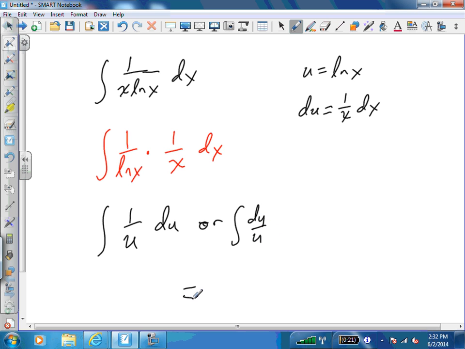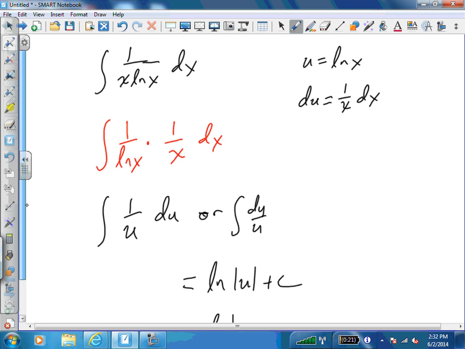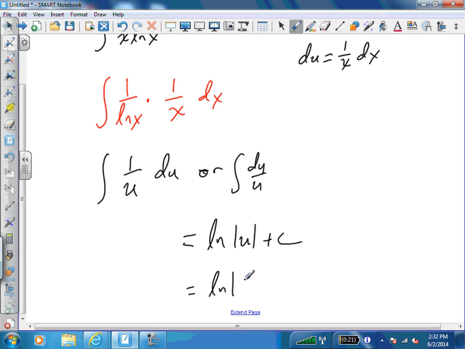Either way, what does that integrate into? All right. Du over u, natural log absolute value of u. So it's a natural log absolute value, and what do we call u? Natural log of x.